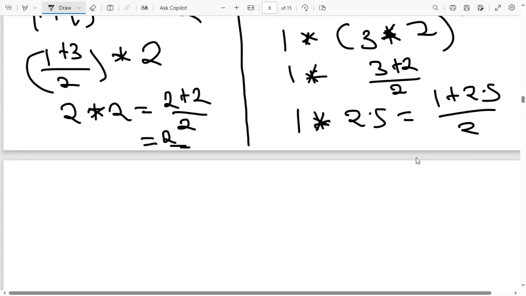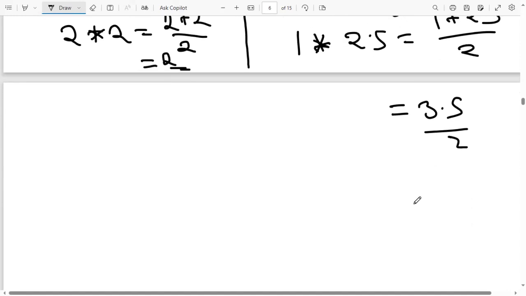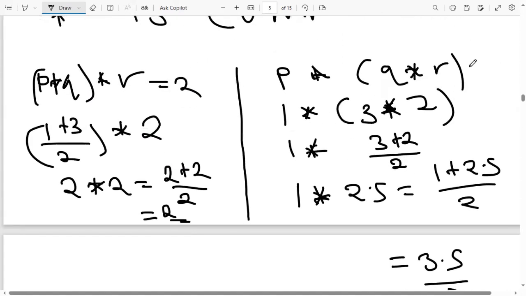So this would be 3.5 divided by 2, which can't equal 2. So this will be 1.75.